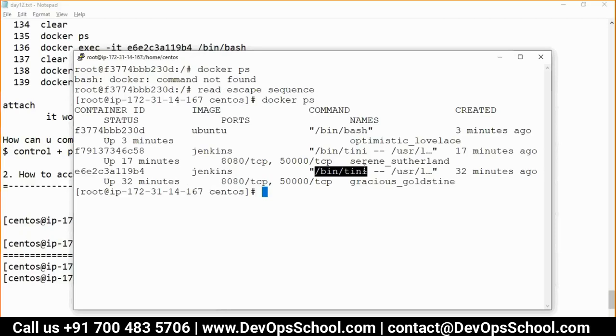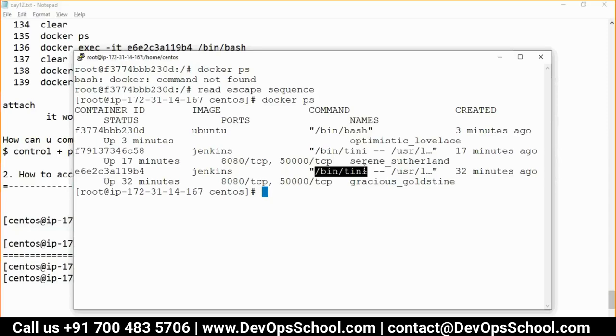When you run Docker run with Ubuntu, I don't see any bintany there because it is bin bash here, right?